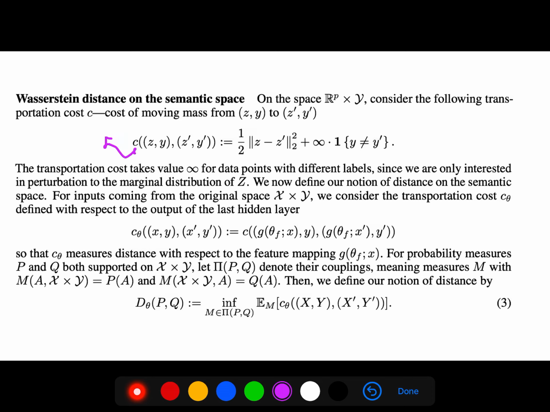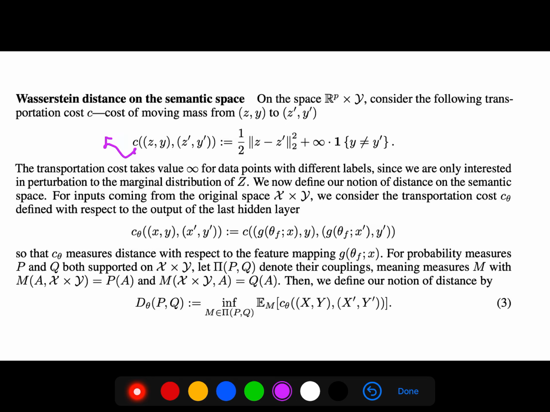For inputs coming from the original space, we consider the transportation cost defined with respect to the output of the last hidden layer. And C theta measures distance with respect to feature mapping G.